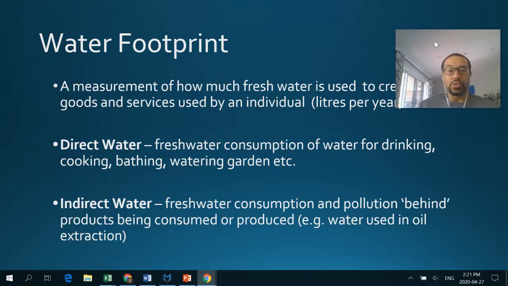So that includes the water that was used to create the produce that you're eating. That includes the water that's being used to create the energy, either to heat your house or to fuel your car, or to fuel the factory that made the stuff that you're wearing, or your phone, et cetera, et cetera.